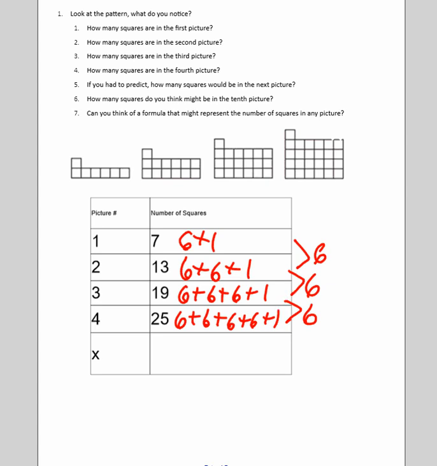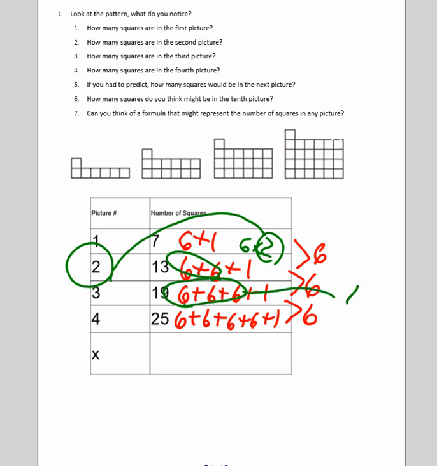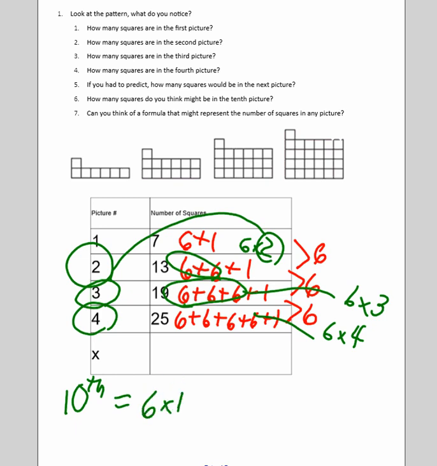You'll notice that this is really 6 times 2. And where does the 2 come from? The picture number. This one is 6 times 3. And where does that 3 come from? Again, the picture number. This one, we have 6 times 4. Where does that come from? The picture number. So what would the 10th one look like? Well, it's probably going to be 6 times 10.